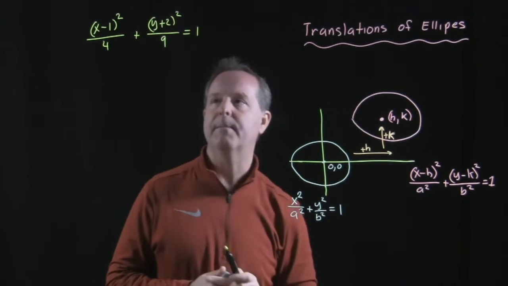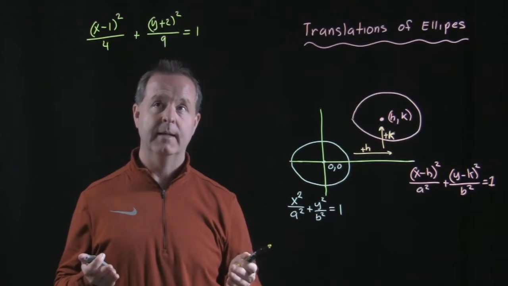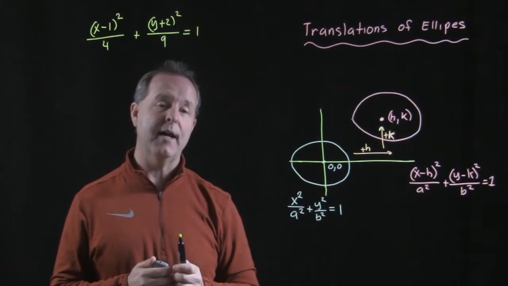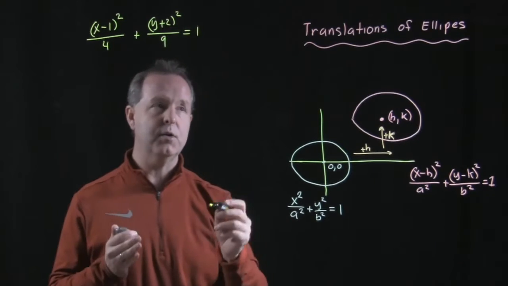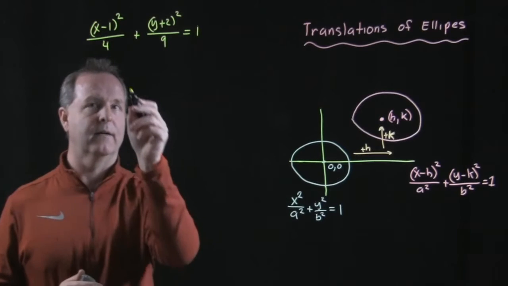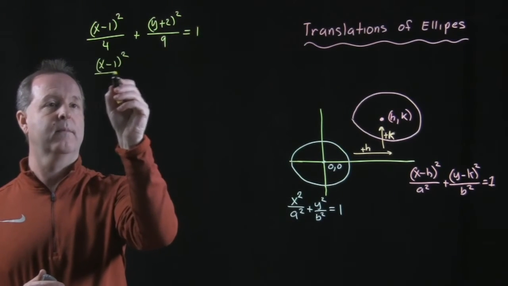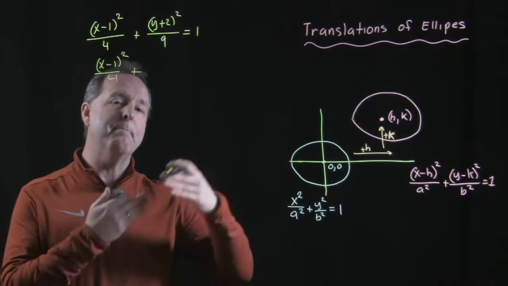So for the equation up here, we need to identify, one, that it's an ellipse in standard form equaling 1. Then we identify where the new center point is. What are h and k? To do that, we need to get it in this particular form exactly, and it's not quite there. We do have an x minus 1 that's in the correct form. But the y plus 2, we need in the form y minus k.